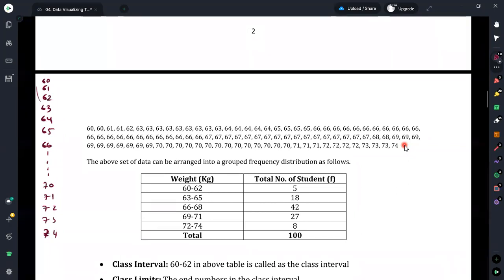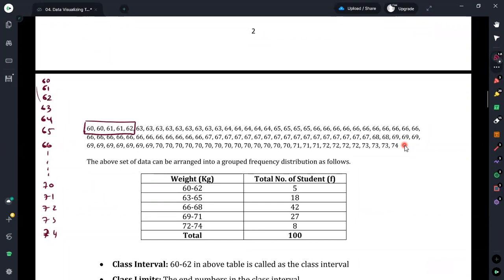These are the classes I have constructed, and for each class, the number of students is associated. For the class of 60 to 62, there are 5 values in the first class. Therefore, the frequency of the class starting from 60 and ending at 62 is 5.